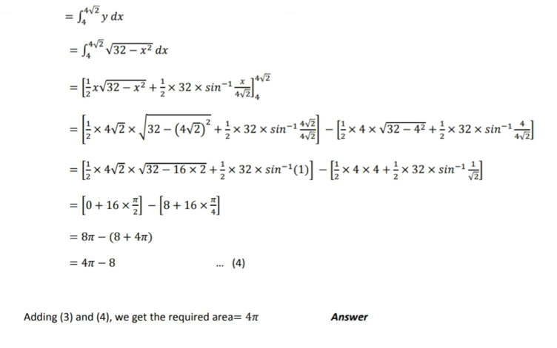On finding out the value of y from the equation of the circle, we are getting that y is equal to the square root of 32 minus x squared. This is in fact a standard integral, and we can simply use the formula, and on using the formula you'll find out the area of the region in green color is actually 4 times pi minus 8.